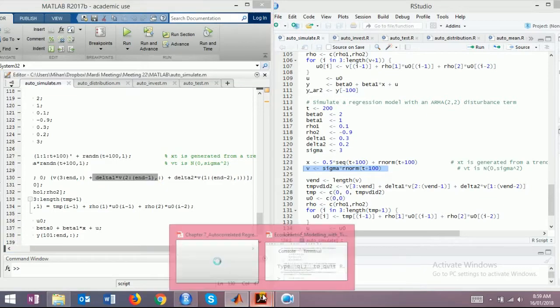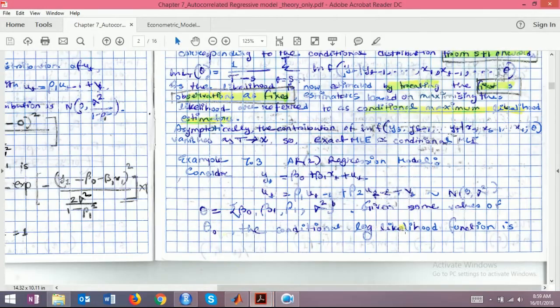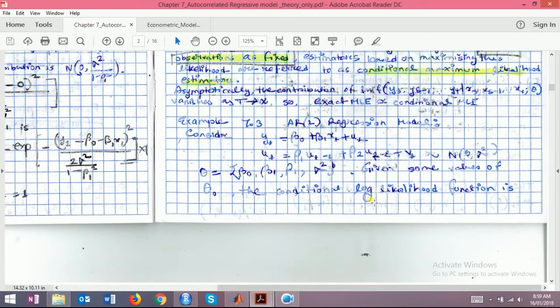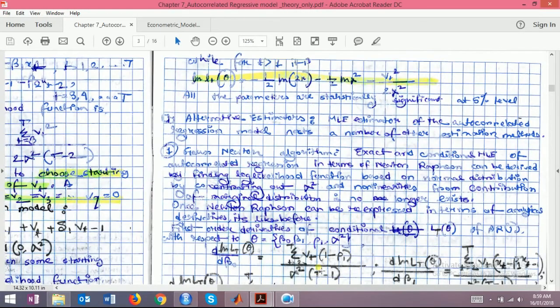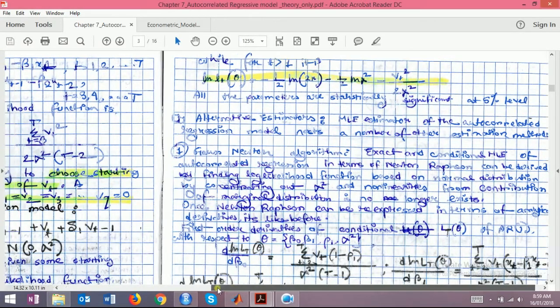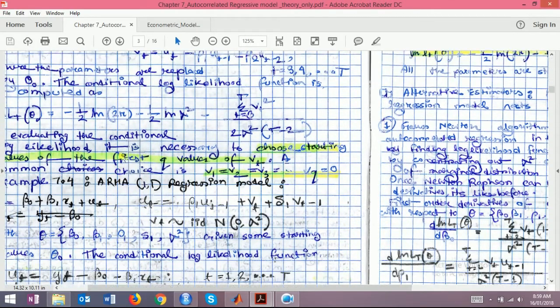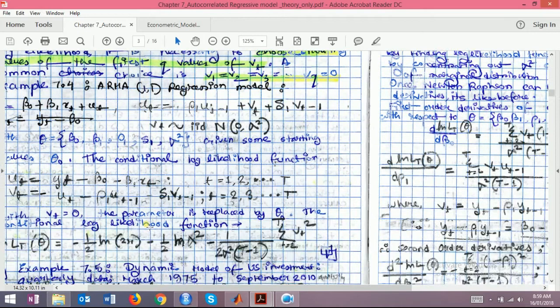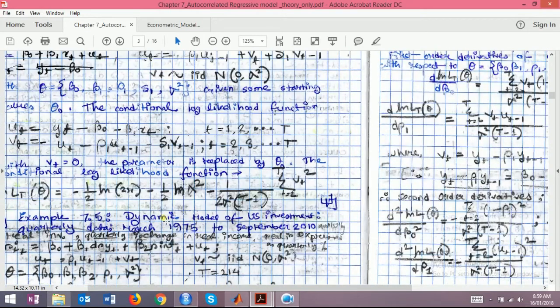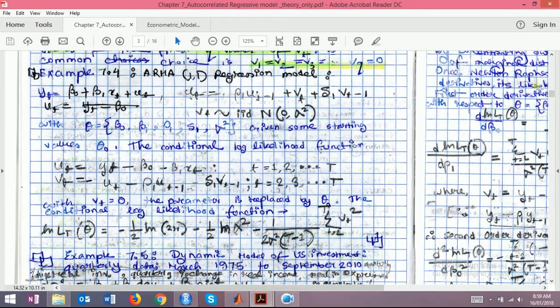because what is the equation? The basic equation is, do we have ARMA 2 here? Let me go through it. Let me see if we have an ARMA 2 example. No, we don't have an ARMA 2 example, but yes, we understand what's going on here.